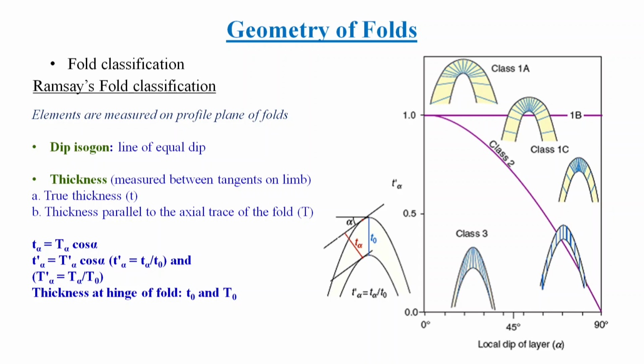And the other parameter is the dip isogon, which refers to the line of equal dip. So if a fold is there, at individual points there is a change in the slope from the hinge zone to the inflection point, where you have the maximum curvature at the hinge and the minimum curvature at the inflection point. So at each part of this limb, the curvature of the fold will change.